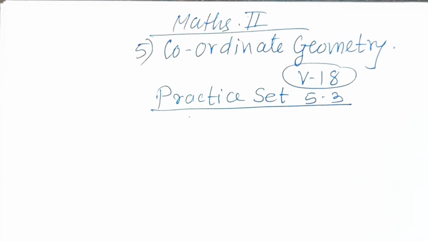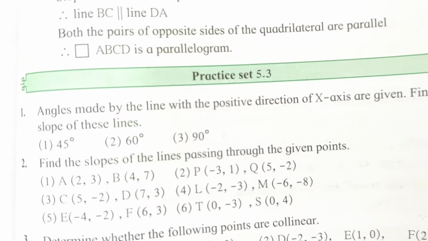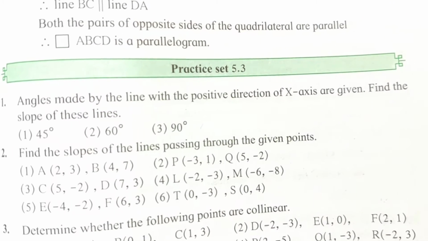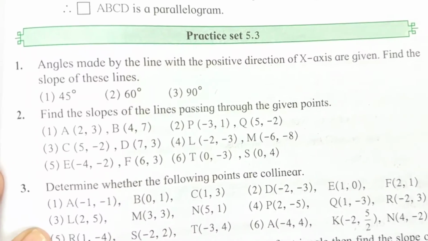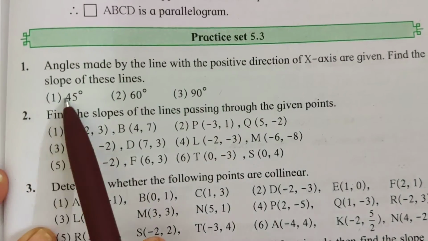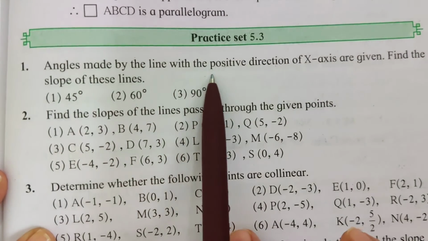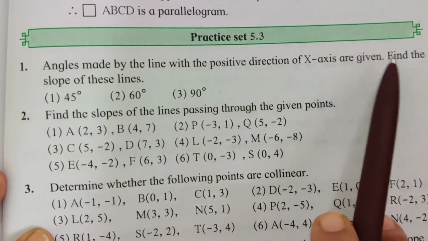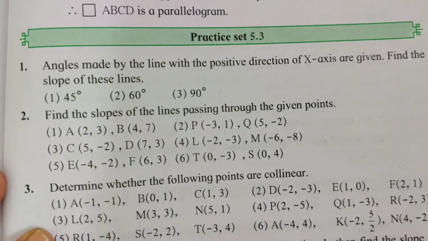First question of the exercise is, you open the textbook and keep in front of you page number 121. See, the first question is here. Angles made by the line with the positive direction of x-axis are given. Find the slope of these lines.